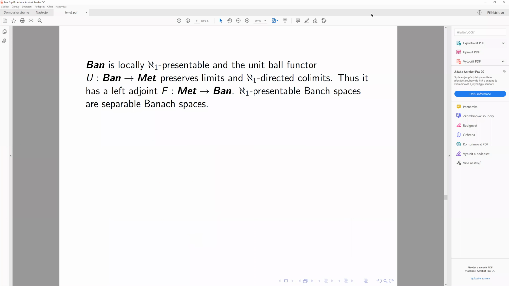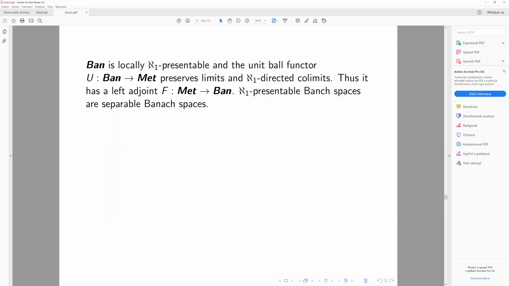And now I would like to look at this motivating situation, Banach spaces. Banach spaces form, again, a locally presentable category. This is well known. As a forgetful functor, one has to take the unit ball functor. I have to send to the Banach space only the unit ball, so only points with distance less than or equal to 1 from 0.